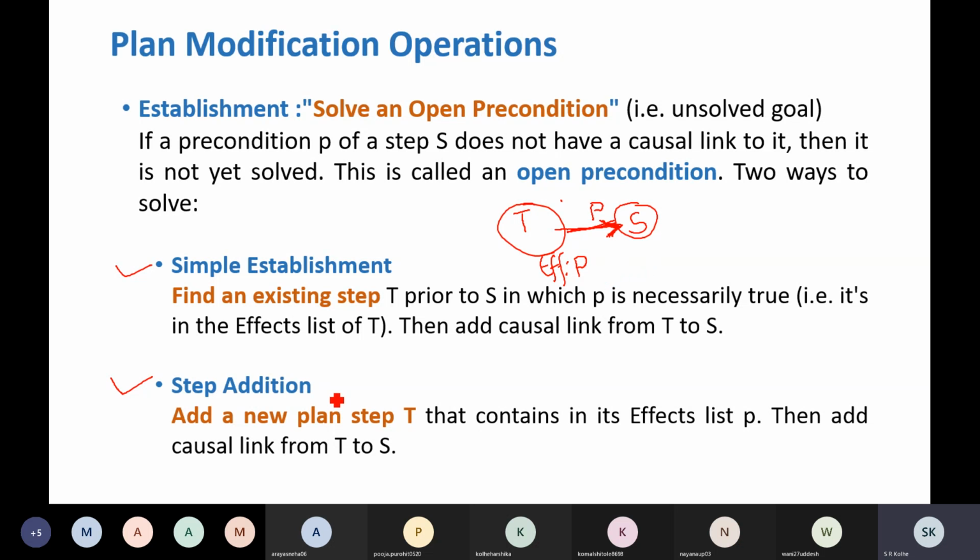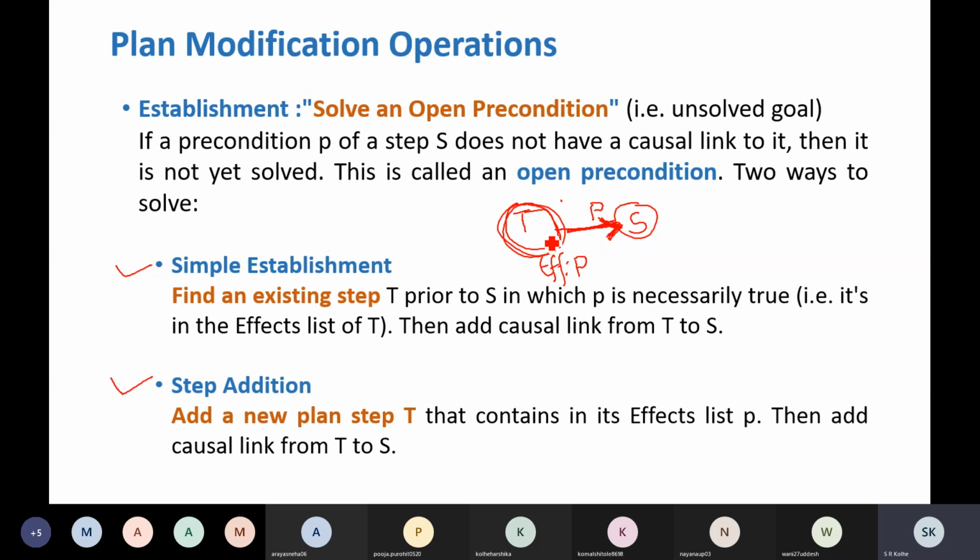Now, what is step addition? Add a new step T that contains P in its effect list. Then add a causal link from T to S. So we have added this step. This is called step addition, and this is establishment.